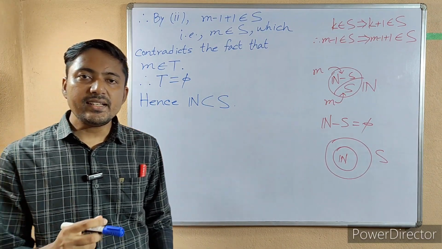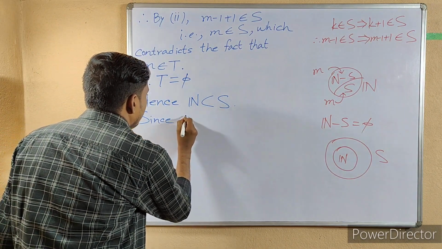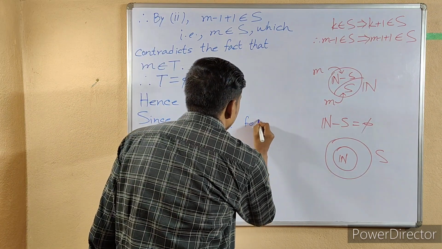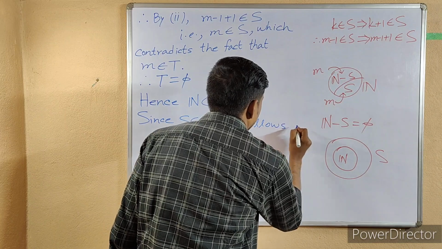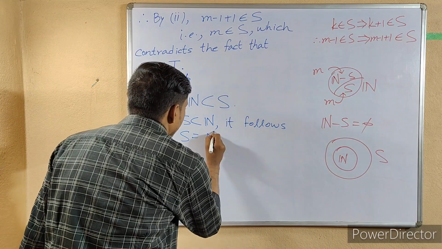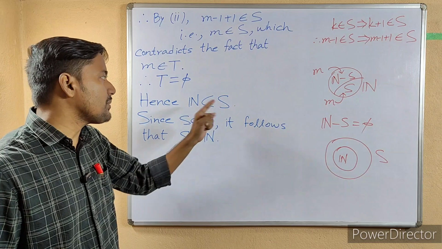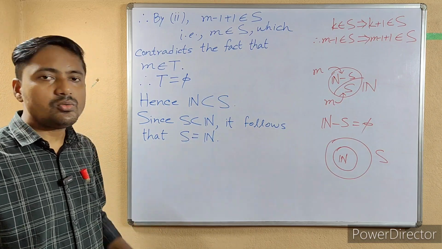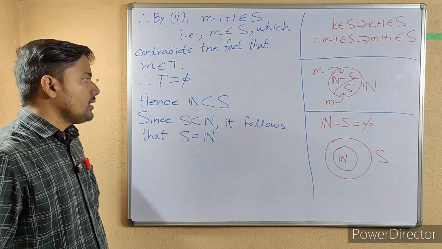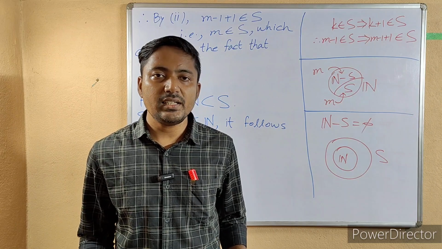Now, given that S is a subset of n, it follows that S equal to n. S subset of n and n subset of S implies S equal to n. Okay? This completes the proof. So we have proved the first form of the principle of mathematical induction.